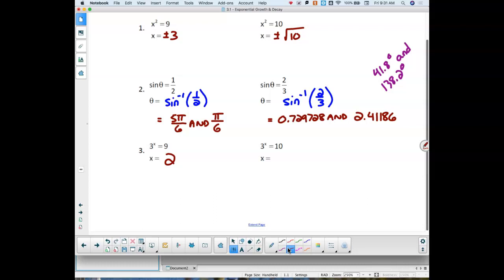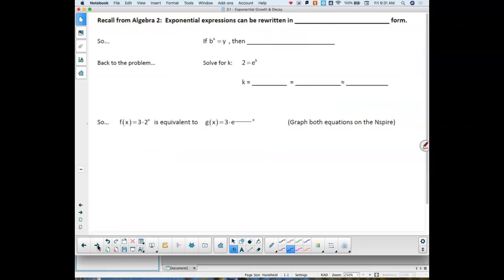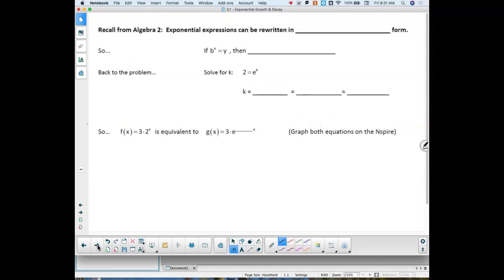All right. Well, let's come back to it then. All right. So if I recall from Algebra 2 that exponential expressions can be written in logarithmic form, then b to the x power equals y becomes x equals log base b, that's how we read that, log base b of y.